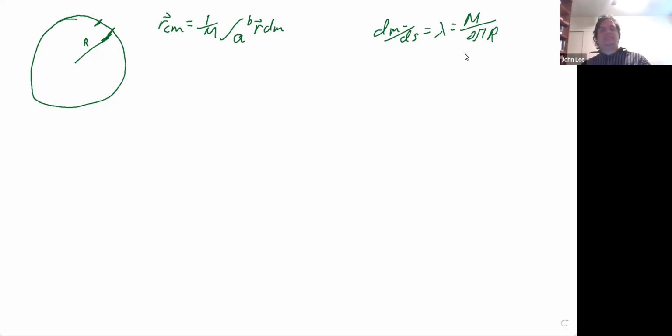So hopefully that makes sense. dm/ds is going to be the mass per unit length, which is m divided by 2 pi r.